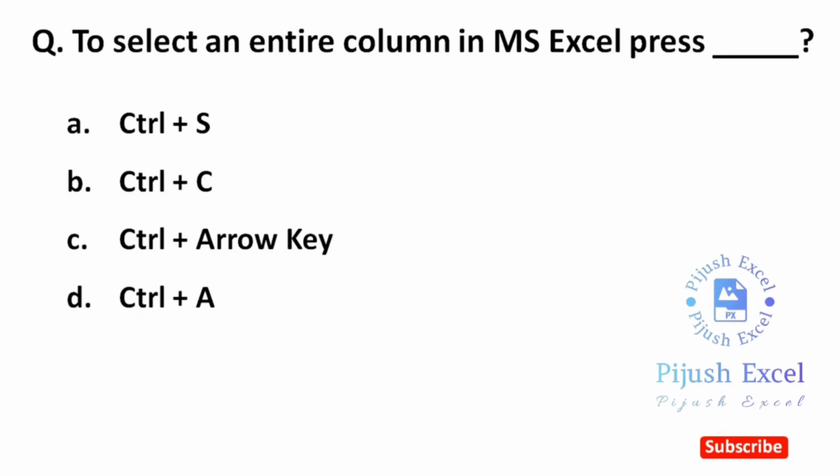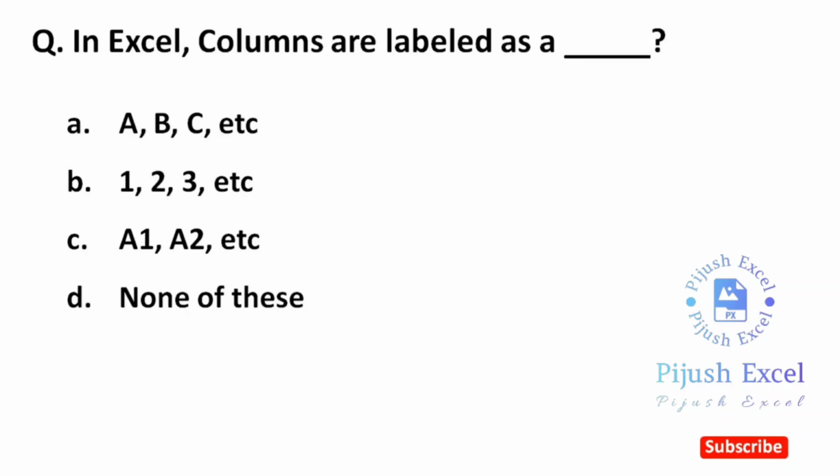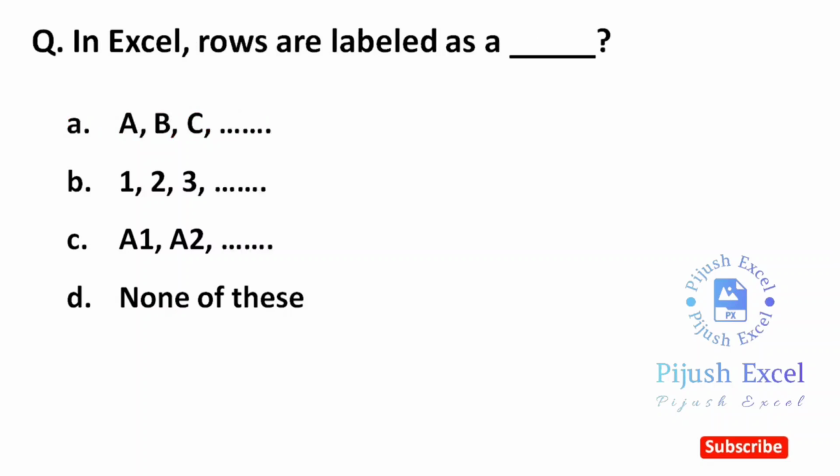Next question, to select an entire column in MS Excel press dash. Right answer is option D, Control A. Next question, in Excel columns are labeled as A dash, A, ABC, etc. Next question, in Excel rows are labeled as dash.